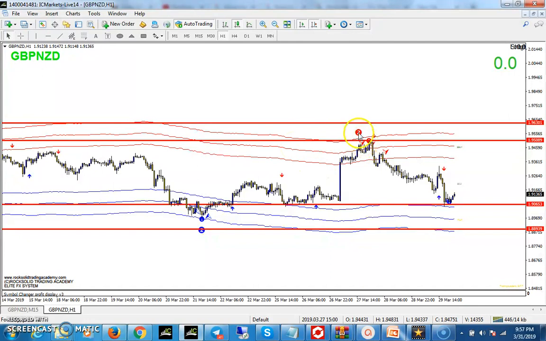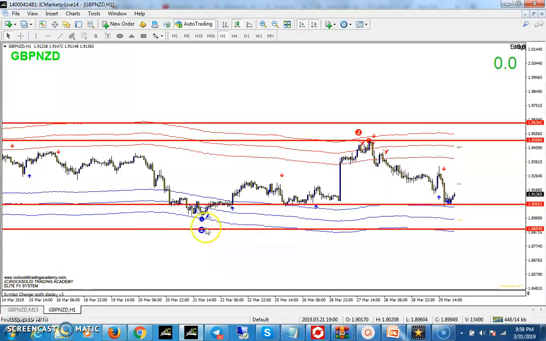Ball 1, ball 2, trigger arrow, enter, TP at the opposite band, and then stop loss 10 pips above the last swing. In this case my stop loss will be around this area. Take 10 pips from here.